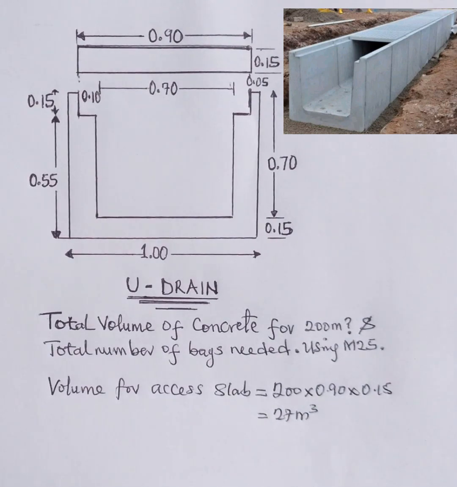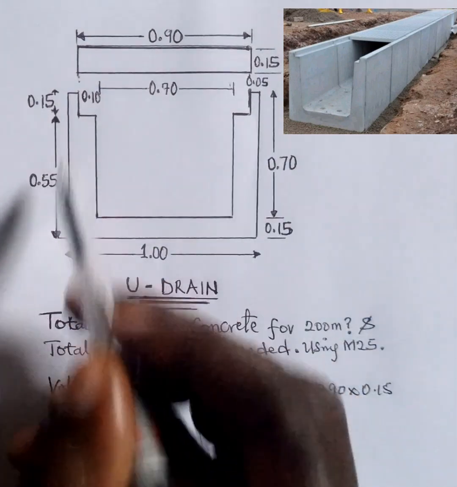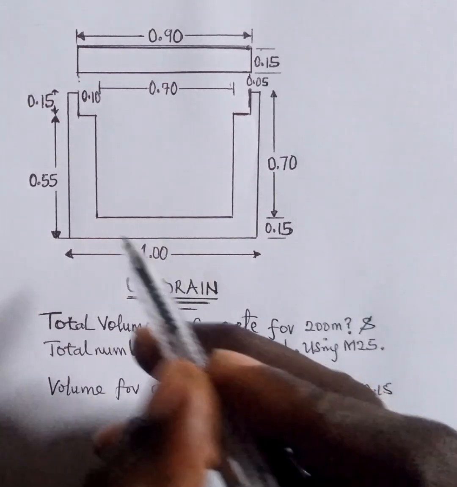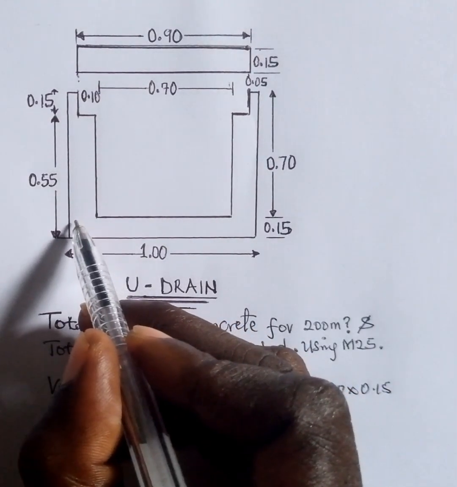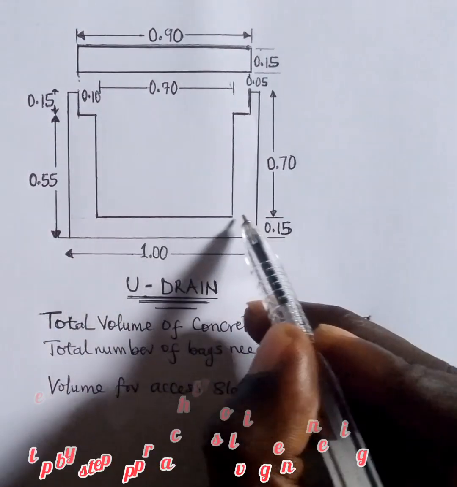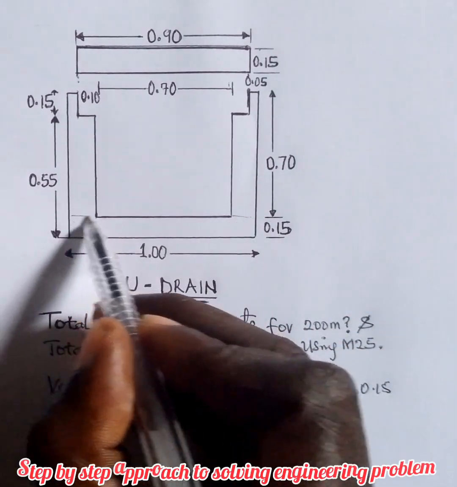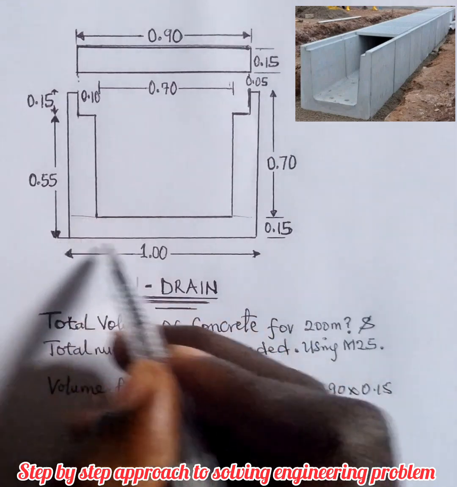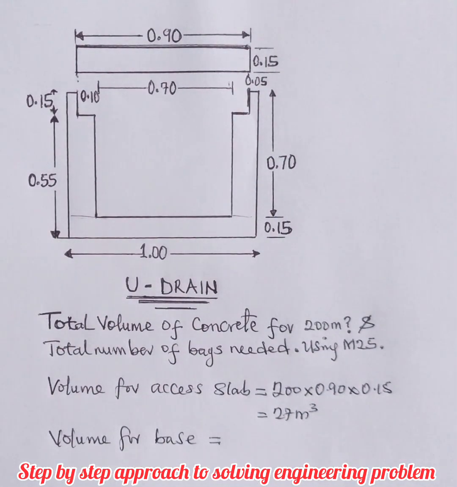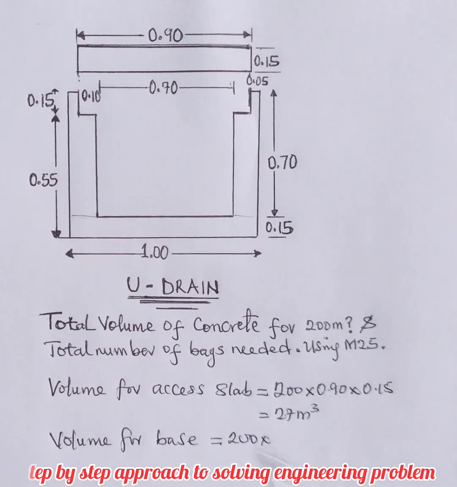Then let us now dive into either the wall or the base. I can decide to find out the volume of concrete for the base. I will split this base into this part. For the base, the length will be the length of the drain, which is 200, multiplied by the width of the drain.